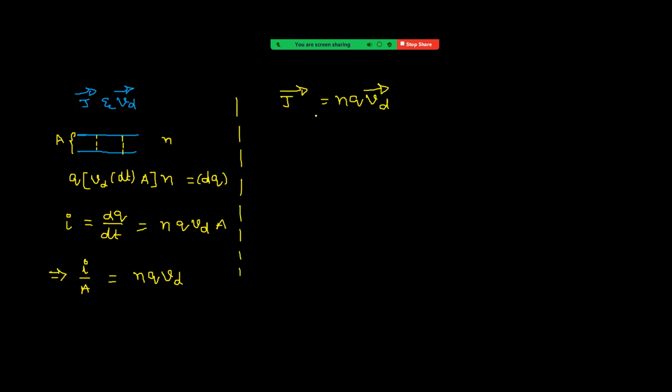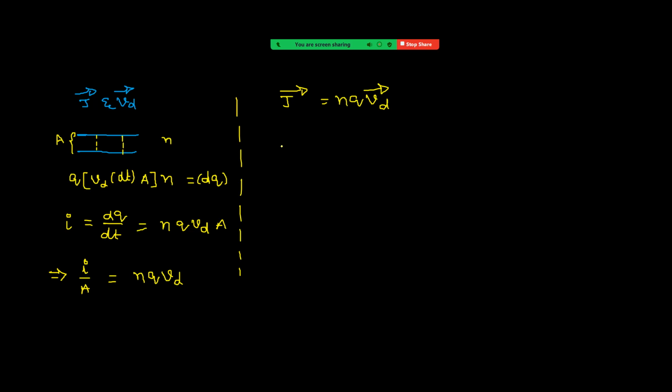Now see carefully. Suppose the charge is positive, then velocity will be along the electric field. Or you can say n is a positive number, and positive charge means the direction of j bar is the direction of drift velocity. If the charge is negative, the direction of j bar will be opposite to that of drift velocity. Okay, right.